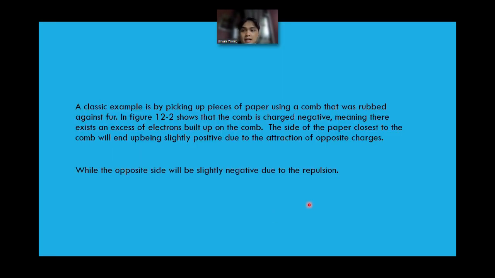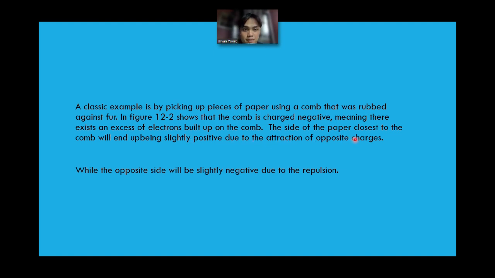A classic example is picking up a piece of paper using a comb that was rubbed against fur. You rub the comb against the fur, then use it to pick up the paper lah. In this figure, the comb is charged negative, meaning there is an excess of electrons built up on the comb.